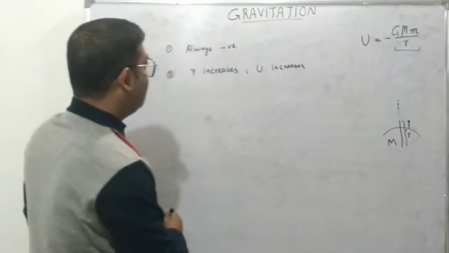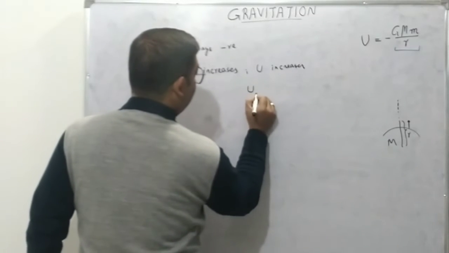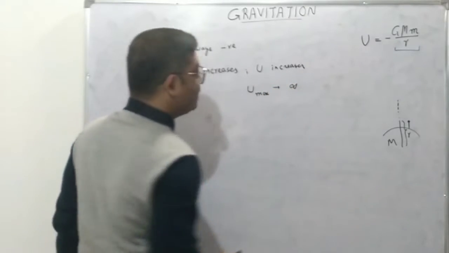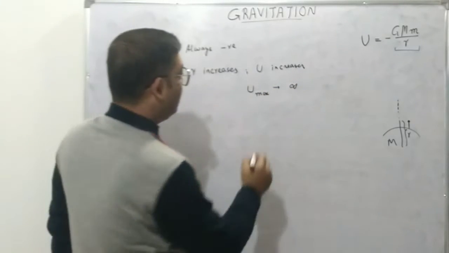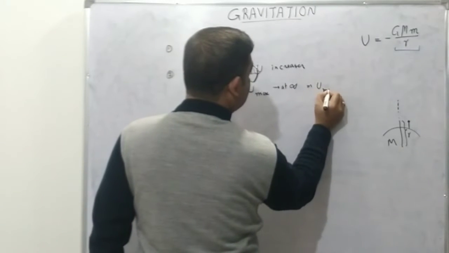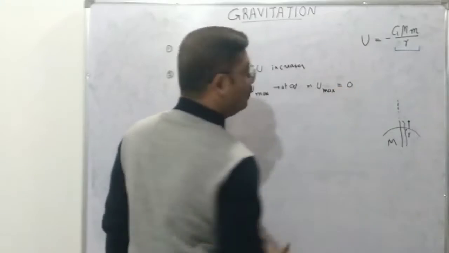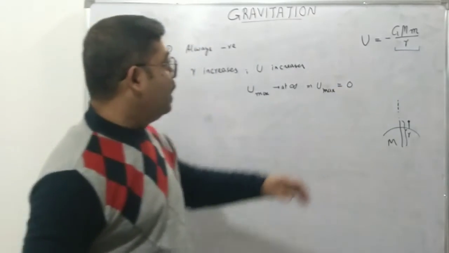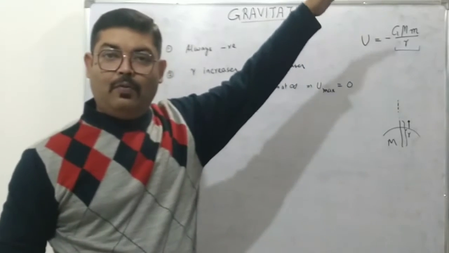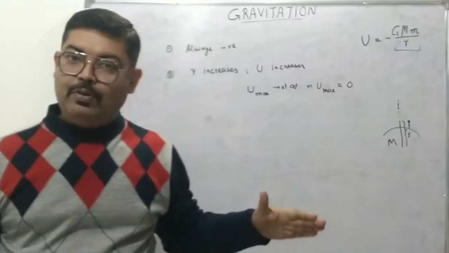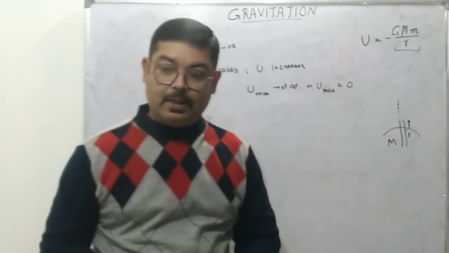So the maximum value of U will be achieved at infinite distance, at infinity, and U maximum value will be 0. So at infinity, the gravitational potential energy was 0, and then it kept on decreasing as we move closer and closer to the given mass.